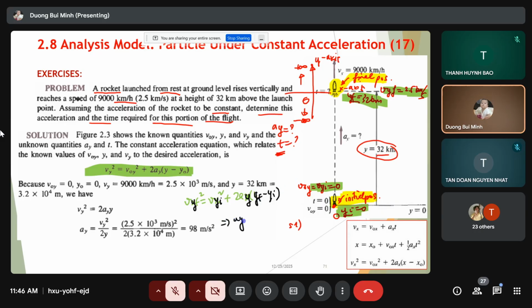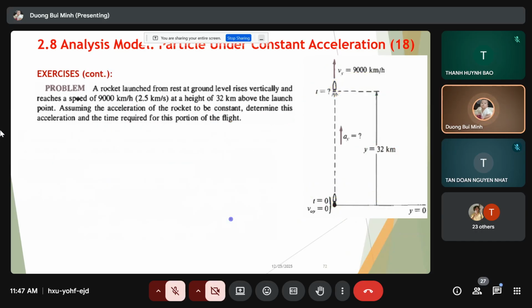We can get ay, and because the object is moving upward, ay is positive. So finally you get ay is 98 meters per square second.